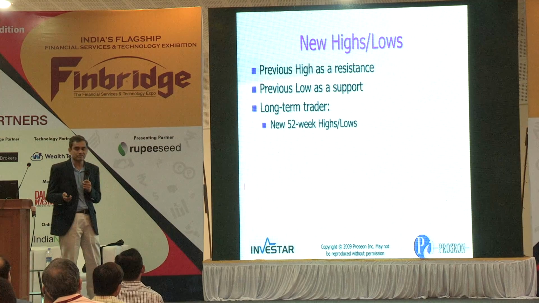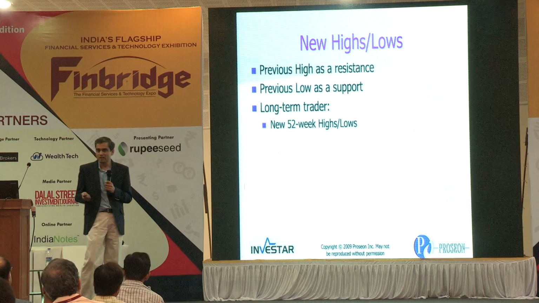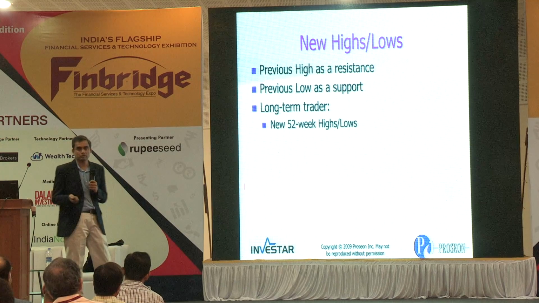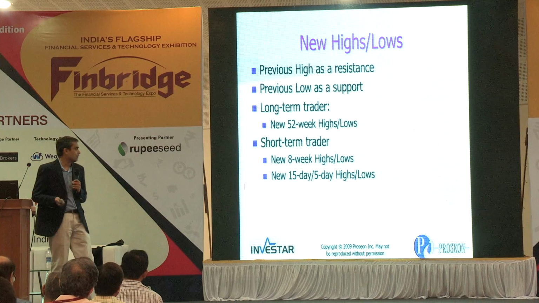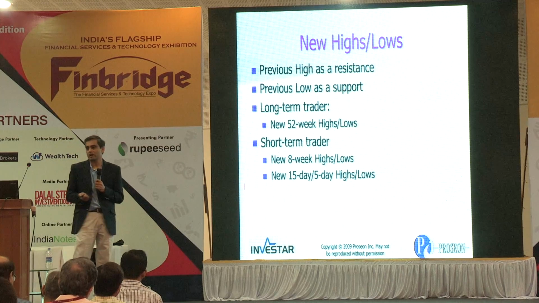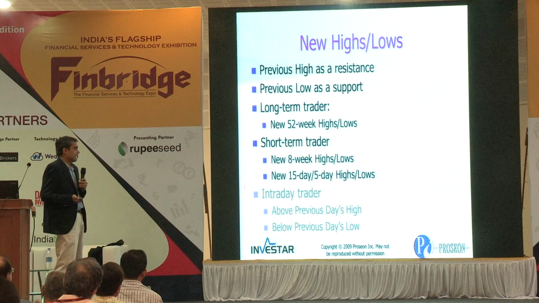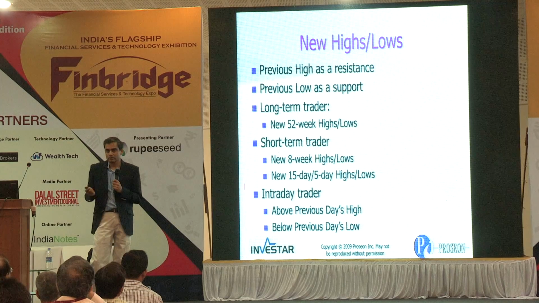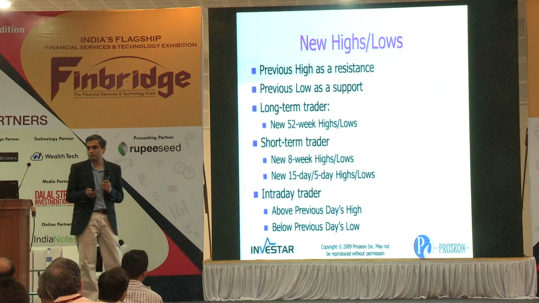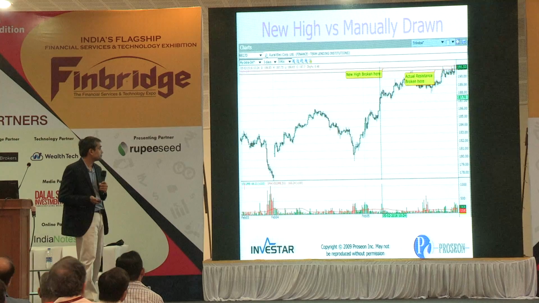If it's long-term investing, new 52-week highs and lows are one way to use resistance and support. Or if you're a short-term trader, you can use new 8-week high lows or 15-day or 5-day high lows. And as an intraday trader, you probably want to use above the previous day's high or below the previous day's low.